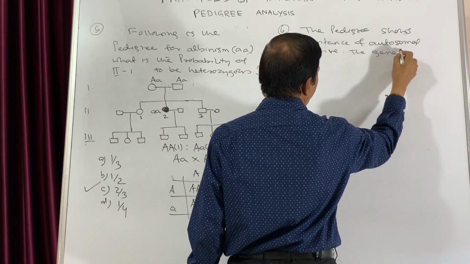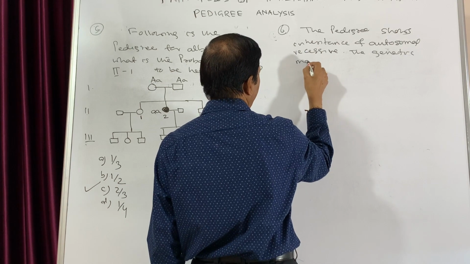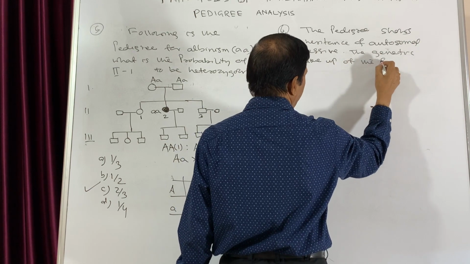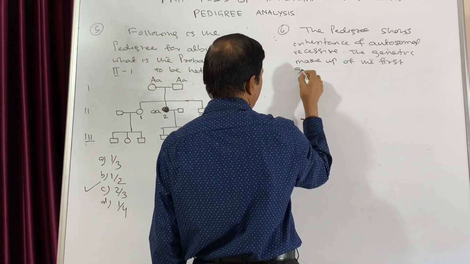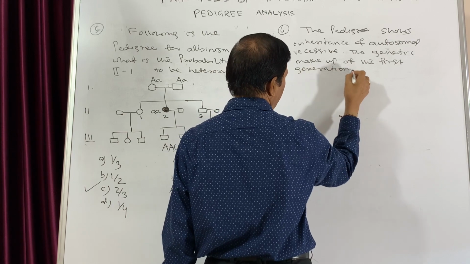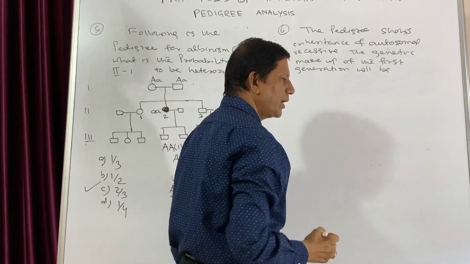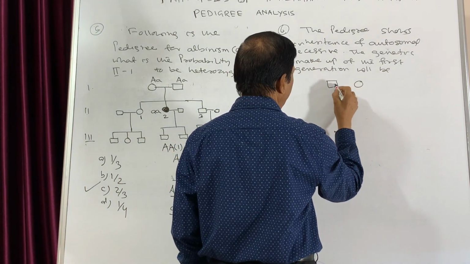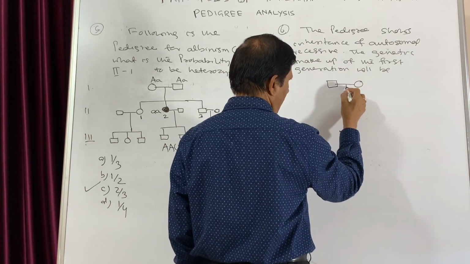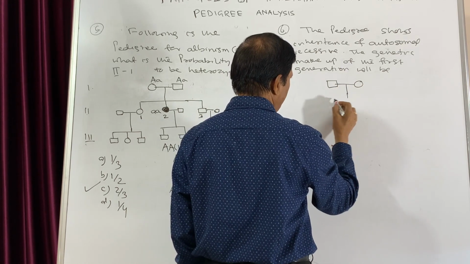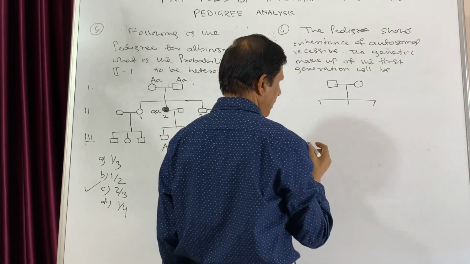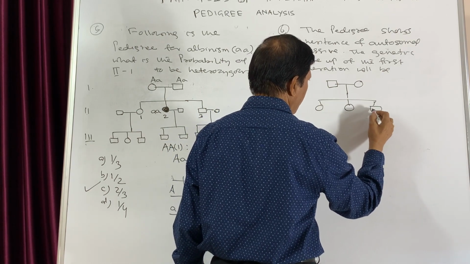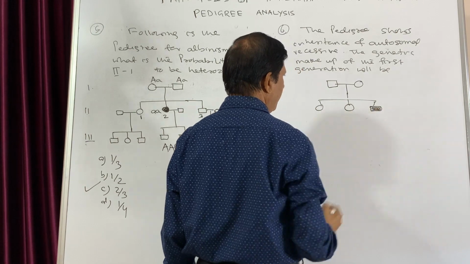The genetic makeup of the first generation will be. So let us draw the pedigree. Male unaffected, female unaffected. Now they have 3 children. So one daughter is there, the second is daughter, the third is son. But the son is affected.